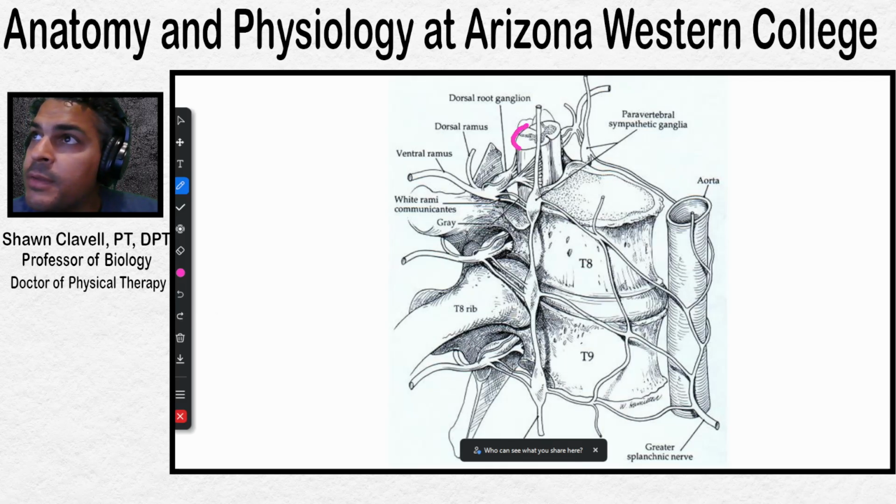I'll highlight it this way. There's the spinal cord, just like that. It goes all the way down into the vertebral column here. There's the body of the vertebra. This is the body of the T8 vertebra specifically. Then there are ribs that come around there. Okay, spinal cord.